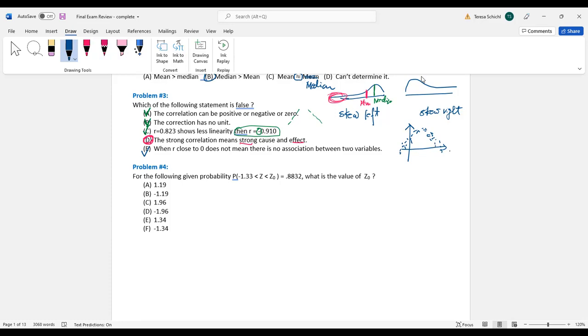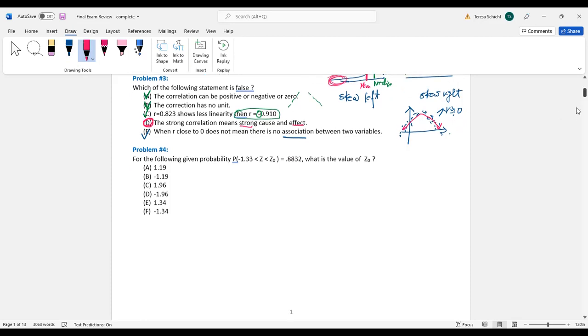For this one, R is probably very close to 0. But do they have association? Oh yes, they do have association. They have this curved association, right? So R close to 0 does not mean they don't have association. This is a very good problem to summarize the concept of R.